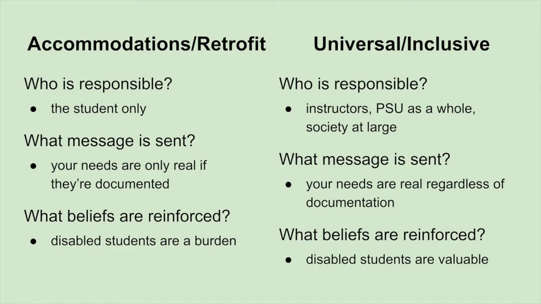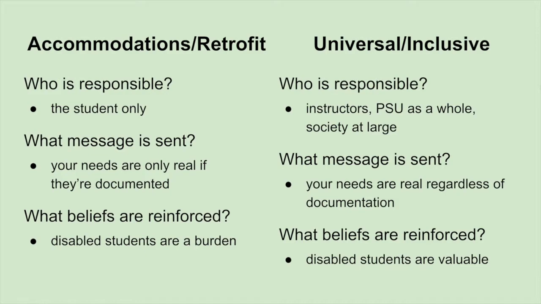Now, we're going to compare these two approaches using an example. Our example is, a student needs captioning on videos because they're hard of hearing. In the accommodations approach, it is the responsibility of the individual student to acquire captions through obtaining medical documentation, registering with the DRC, etc. But just because someone isn't registered with the DRC doesn't mean they don't have classroom accessibility needs.